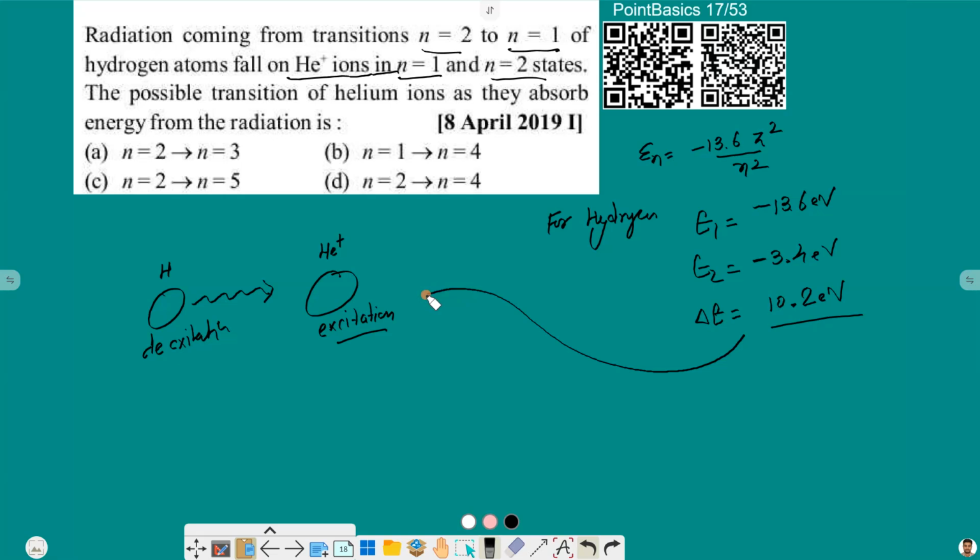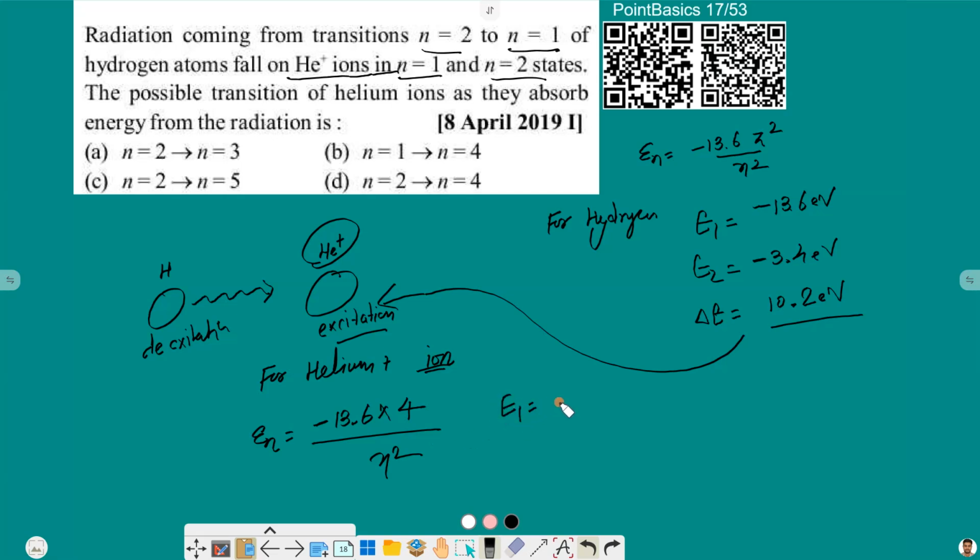Now we have to find out two levels in helium positive ion which have the same energy gap. So for helium positive ion, En is equal to minus 13.6 into Z, where Z is 2, so multiply 4, divided by N square.